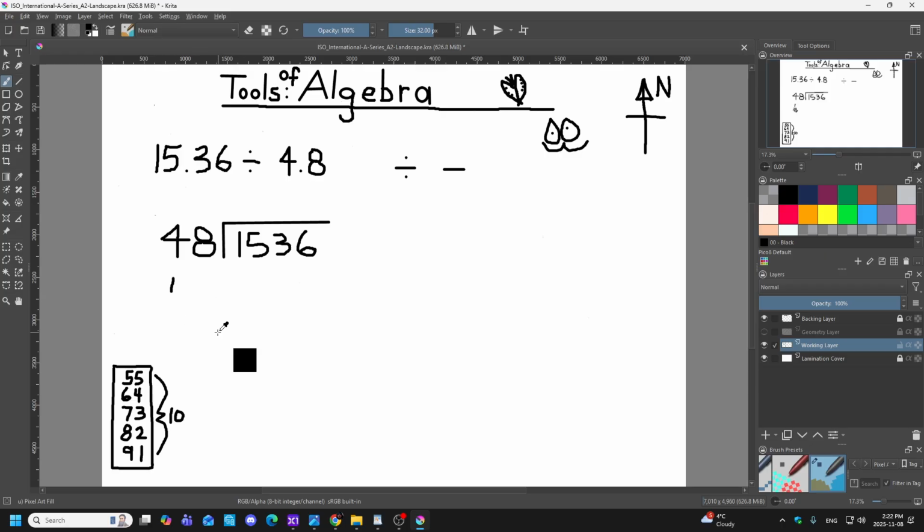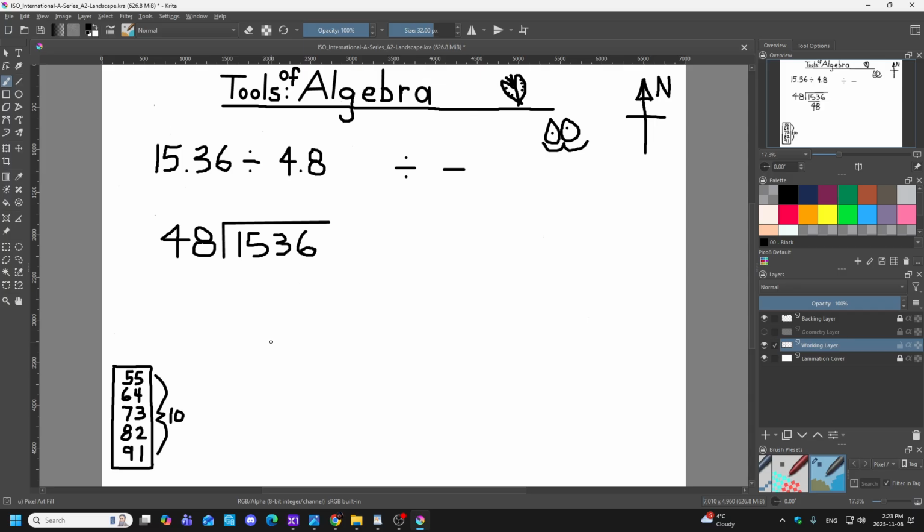That gives us a decimal number, so we're not going to go 1 into 48. We're not going to go 1 into 15 either because we're actually subtracting here. So 15 is much less than 48. Therefore, we need to go into triple digits. Yes, 48 is less than 153. Perfect.